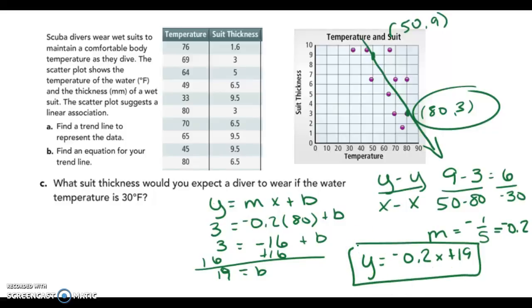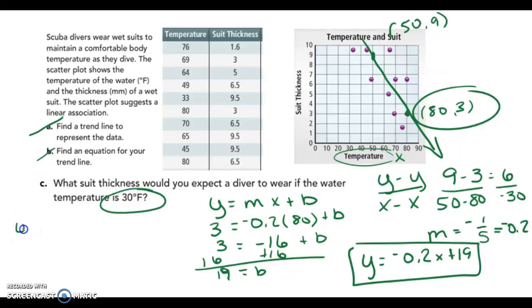Okay, so now that I have A and B done, I have my trend line done, and I found my equation. Now it says, what suit thickness would you expect a diver to wear if the water were 30 degrees Fahrenheit? As I'm looking over here, the temperature is something that I know, and it is my x.